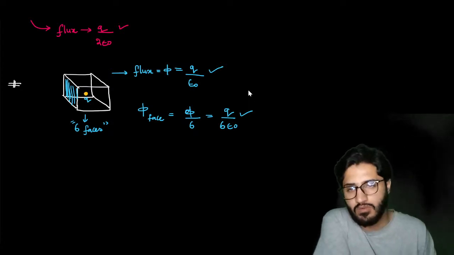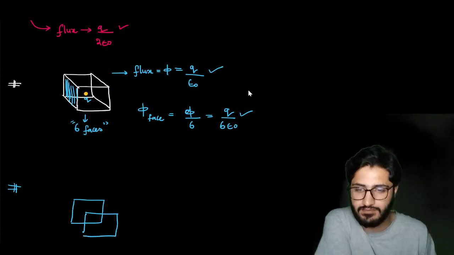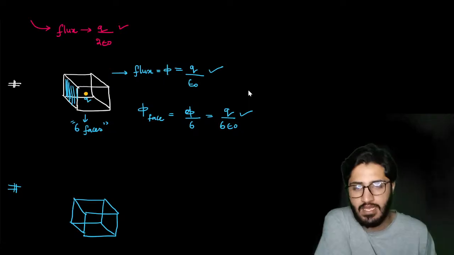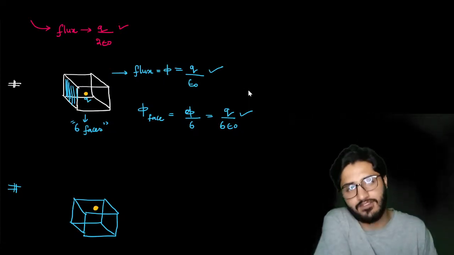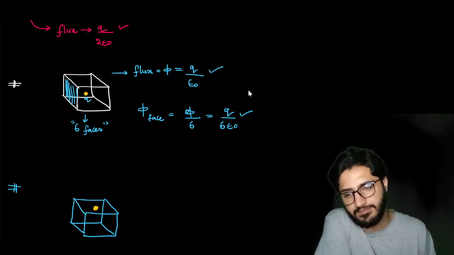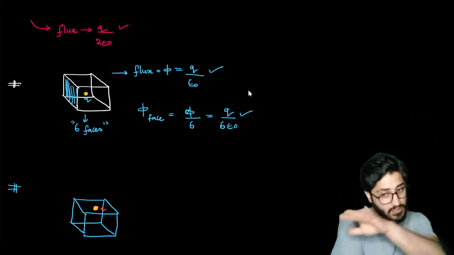Okay, one more. Look, if we have a cube here, and my charged particle is not inside, it is at this surface. As you can see, my charged particle is at the surface only.